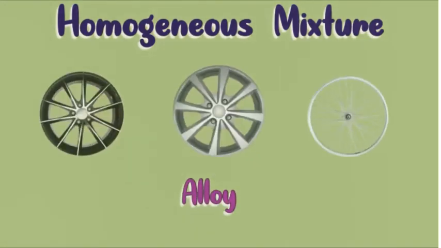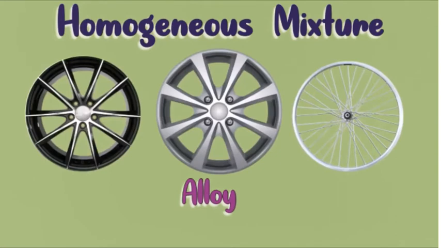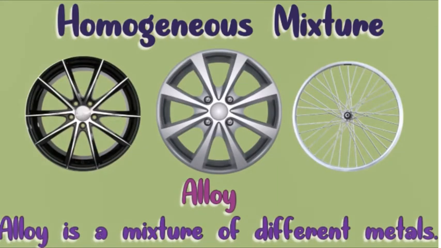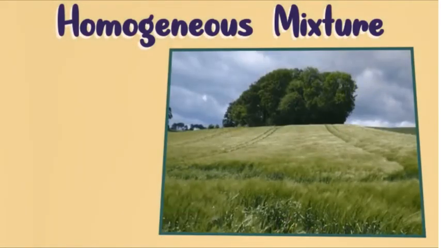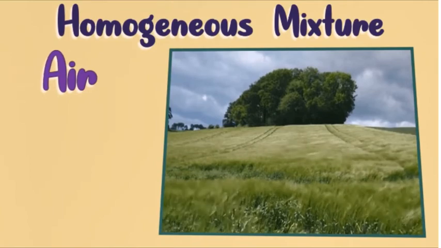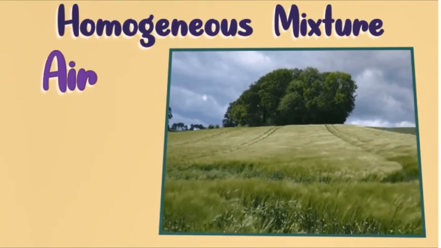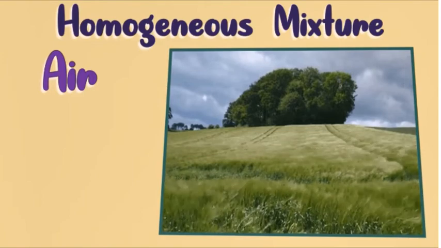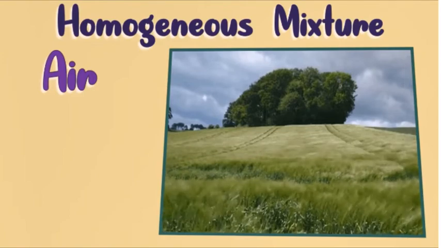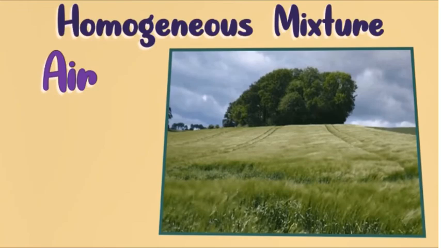An alloy, for example, is a homogeneous mixture. It is a mixture of different melted metals. Another example is air. Air with no clouds is homogeneous. It is composed of oxygen, nitrogen, carbon dioxide, and other particles.